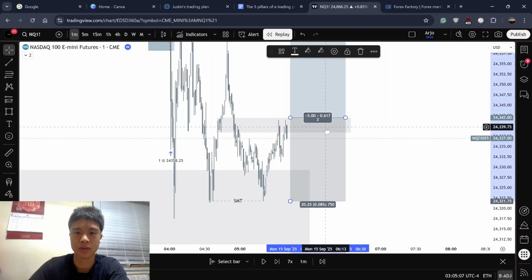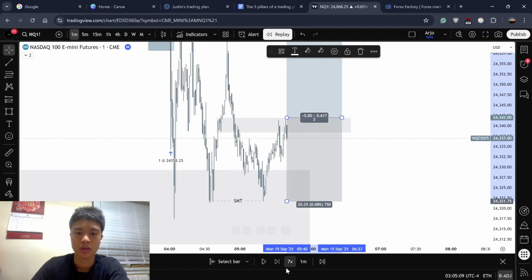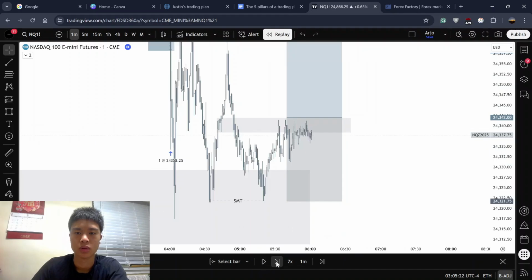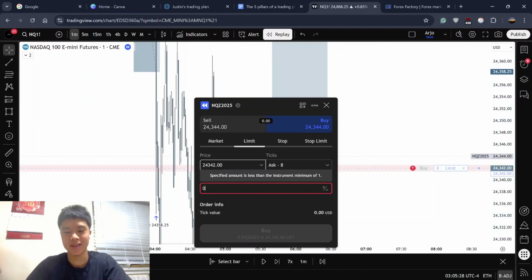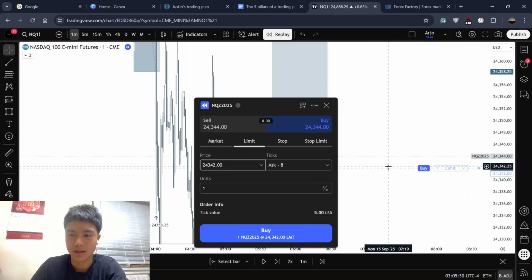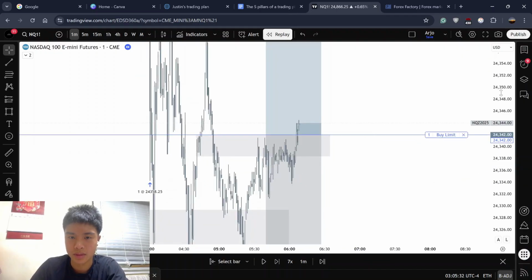Let's bring this a bit closer. Yeah, we're just waiting for a candle to close. All right, I may have missed the trade. Oops. Let's see if price returns to our area.